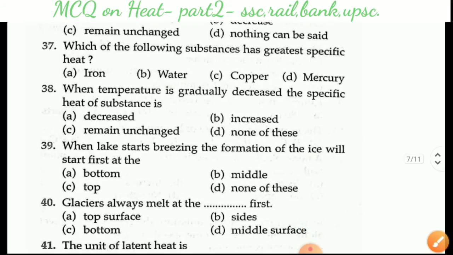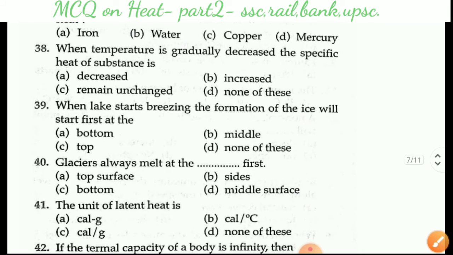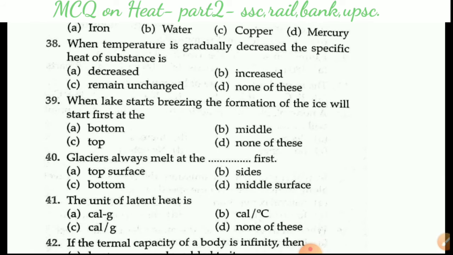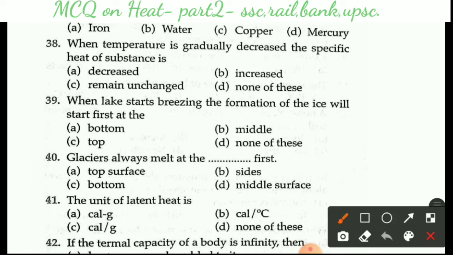Next question is question 38. When temperature is gradually decreased, the specific heat of a substance is A: decreased, B: increased, C: remain unchanged, D: none of these. Right answer of question 38 is A, decreased.